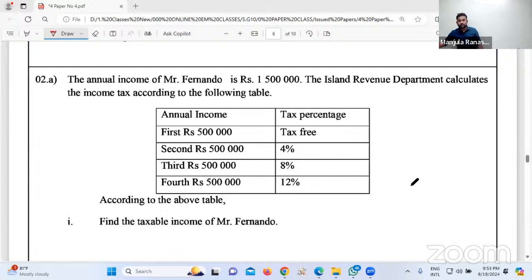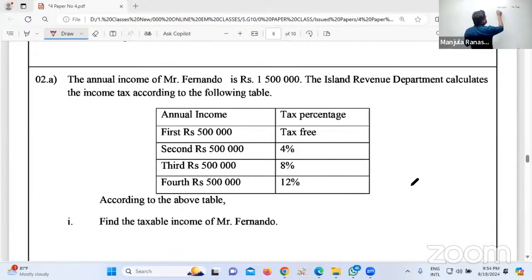1 million, sorry, oh yes, 1,500,000. The Inland Revenue Department calculates the income tax according to the following table. So the first 500,000 is tax free, meaning you are not charging taxes.